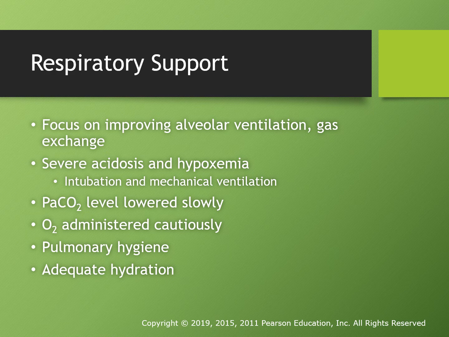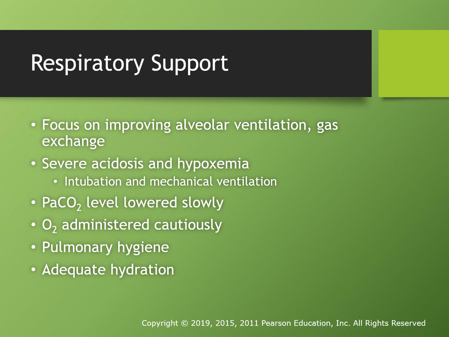Patients with severe respiratory acidosis and hypoxemia may require intubation and mechanical ventilation so they're getting enough O2 in their lungs. The PaCO2 level is lowered slowly to prevent complications such as cardiac dysrhythmias and decreased cerebral perfusion. In patients with chronic respiratory acidosis, oxygen is administered cautiously to prevent carbon dioxide narcosis or buildup of the CO2.